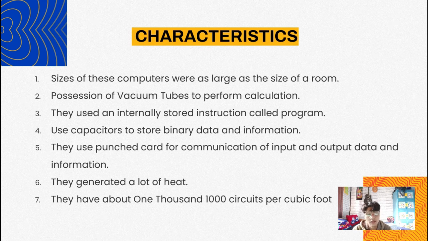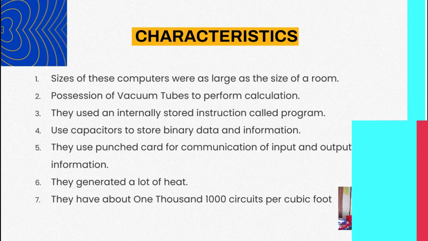Three, they used an internally stored instruction called a program. Four, they used capacitors to store binary data and information. Five, they used punch cards for input and output of data and information. Six, they generated a lot of heat, and they had about 1000 circuits per cubic foot.